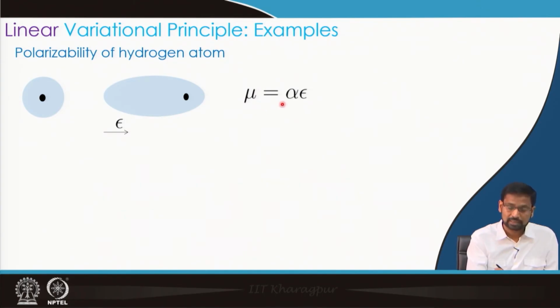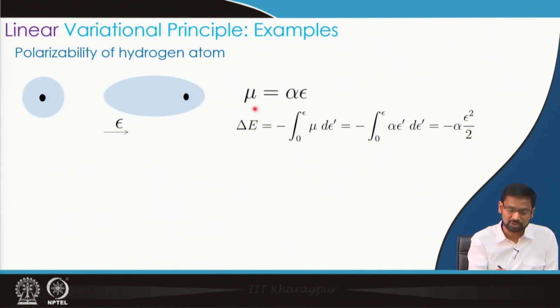Now, this equation, as I said, works only when I have a weak electric field. But now, what would be the energy required to create this dipole moment mu in this system?